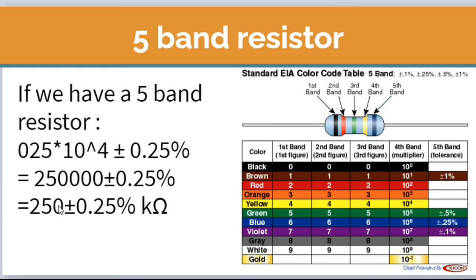So this number equals 250 times 1000, and we will cancel this 1000 and replace it with the letter K, or kilo ohms. So that equals 250 plus or minus 0.25% kilo ohms. So this is the value of this resistor.